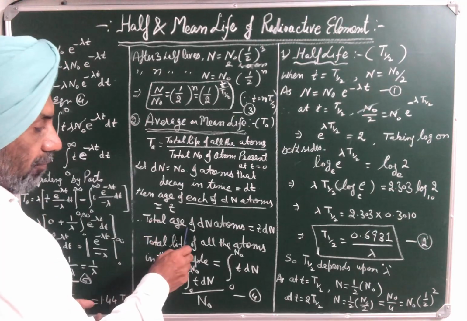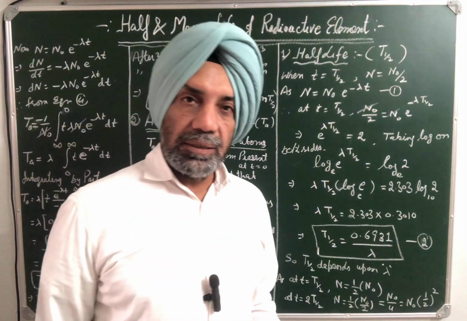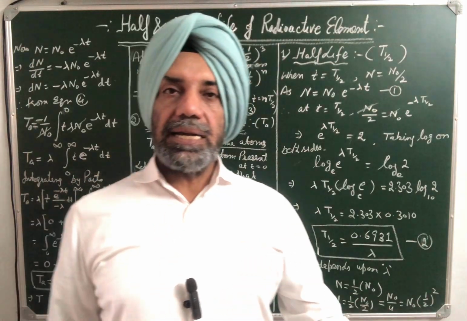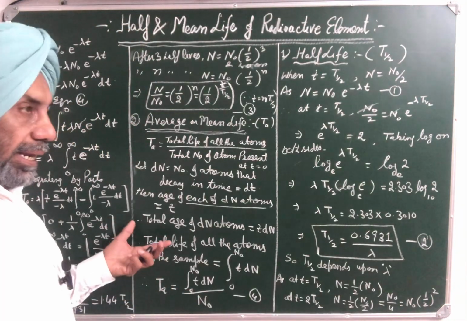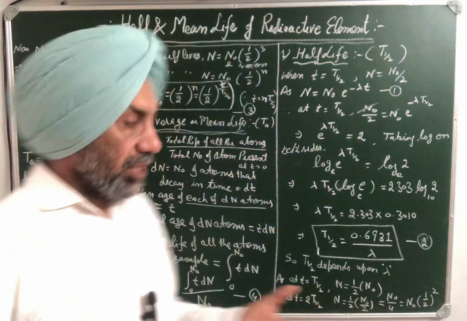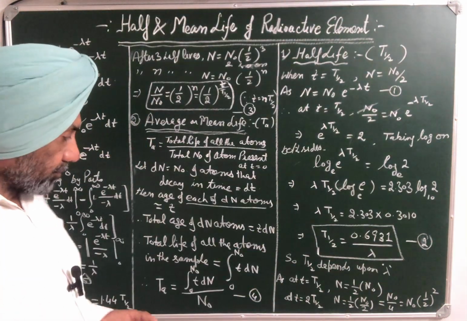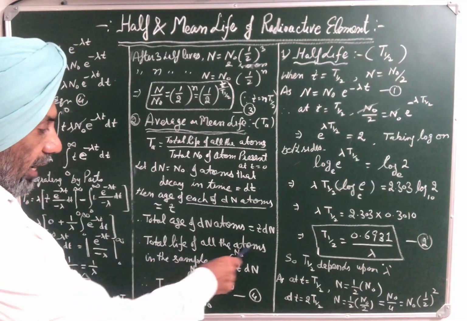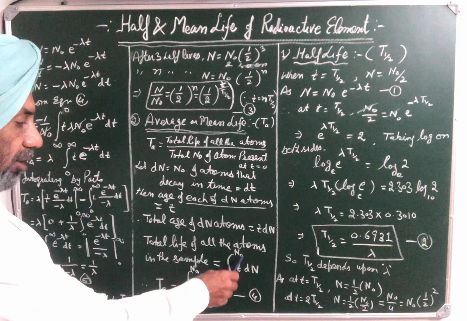The total age of dN atoms will be equal to t into dN, because the decay is between t and t plus dt, a small time interval. Total life of all the dN atoms which decay during time dt will be equal to t into dN. The total life of all atoms in the sample will be equal to integral 0 to N naught t dN.